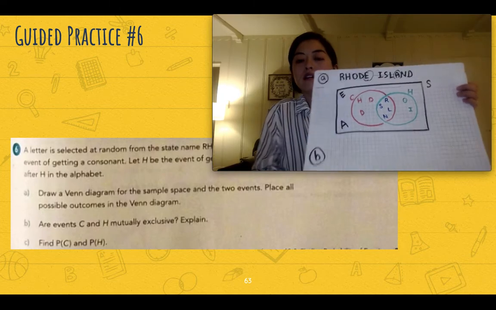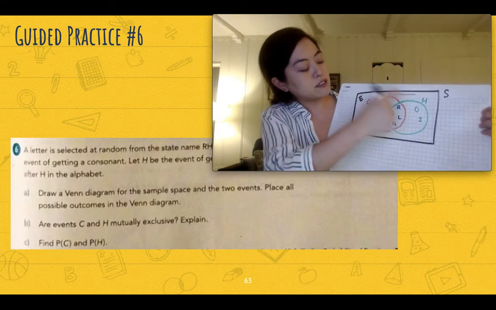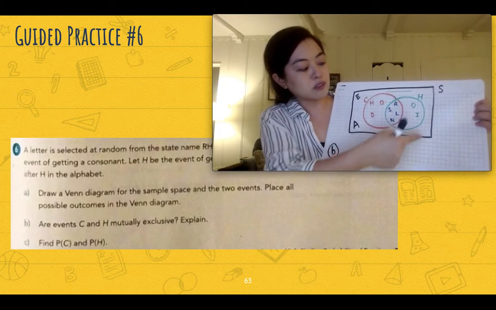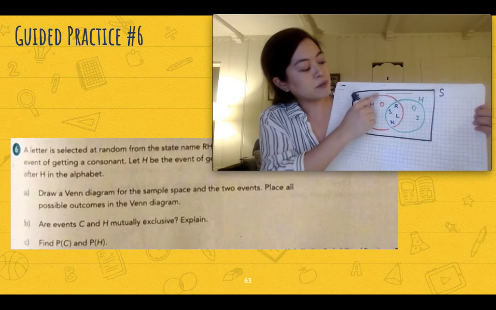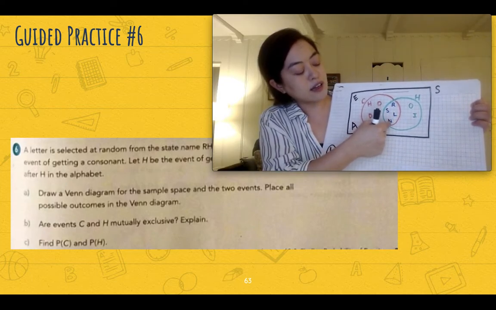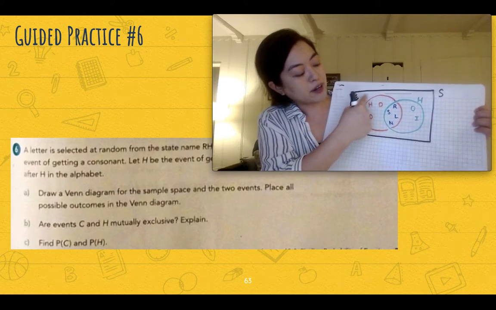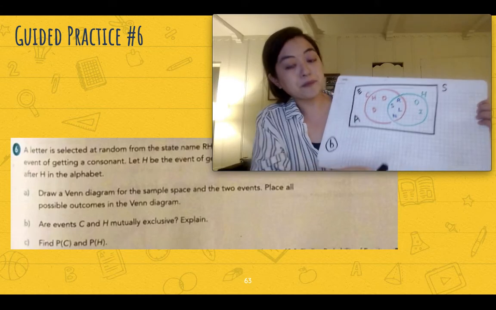Notice I wrote E and A just somewhere inside the rectangle but outside of the circles. For my events C and H, my overlap was R, S, L, N. And I wrote the other letters in event C here and event H here.